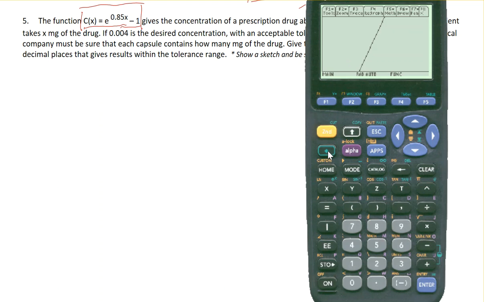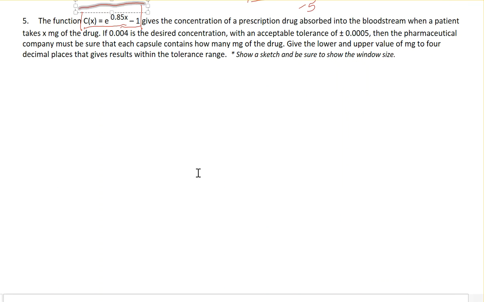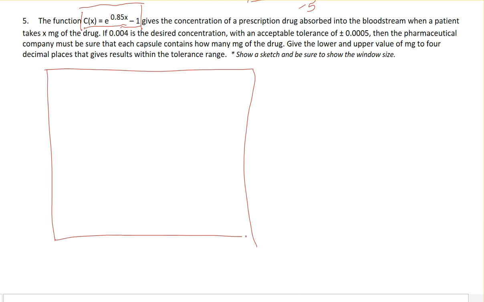So let me show you what our idea is here. Let me just draw for a minute what we're seeing on our calculator, but in an enlarged version. So this is our C of X, and this is our X in milligrams.